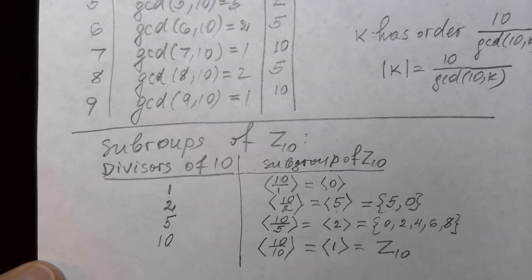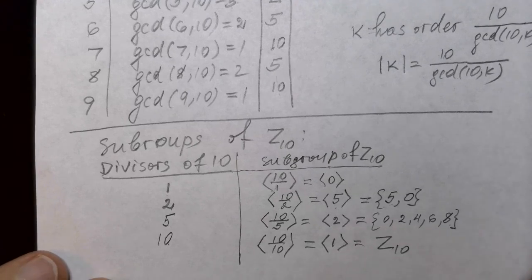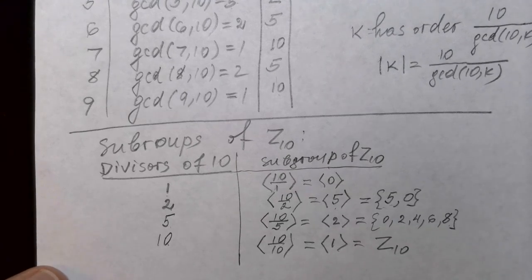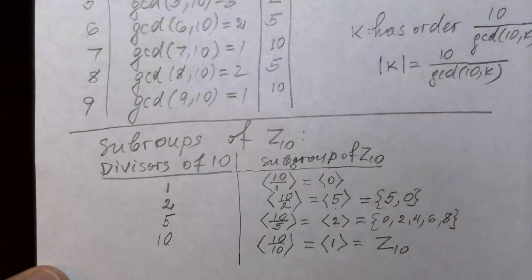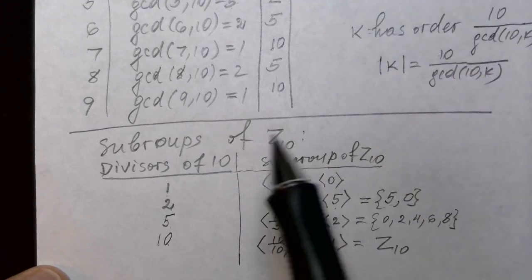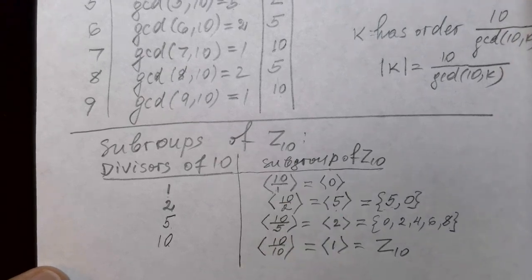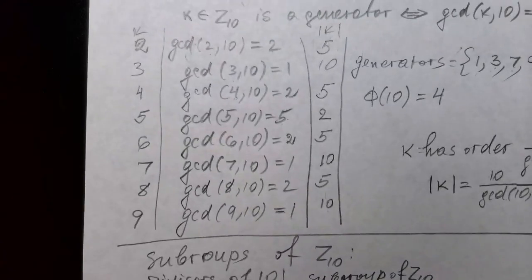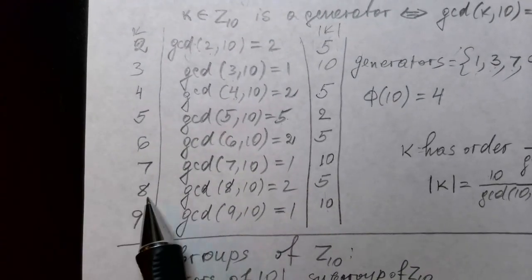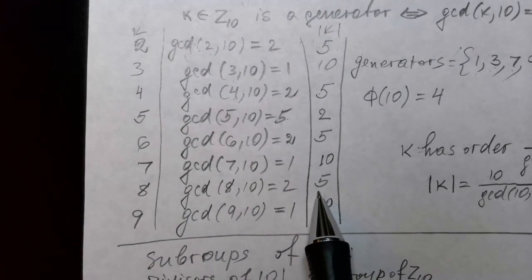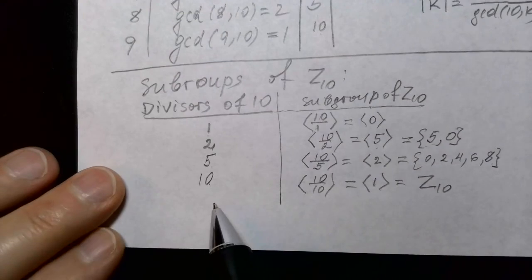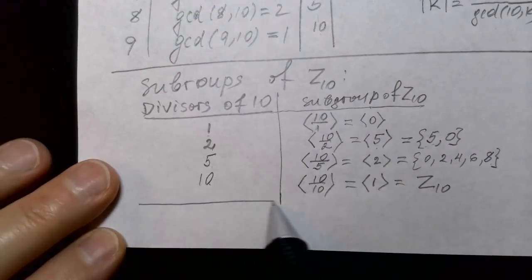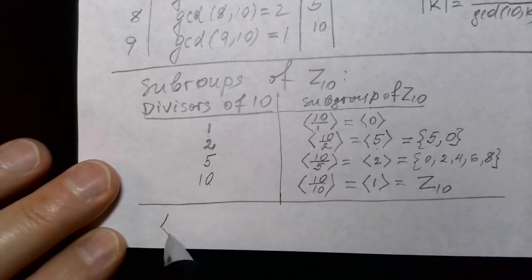Yes, if we take, for example, another element of order 5, like 8, for example, 8 has order 5. 8 will generate a cyclic subgroup, like any element in a group.